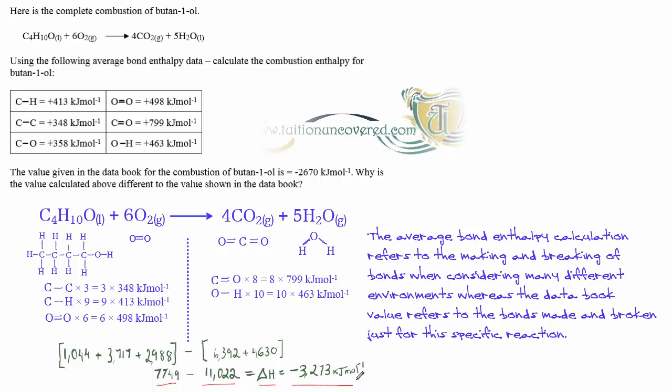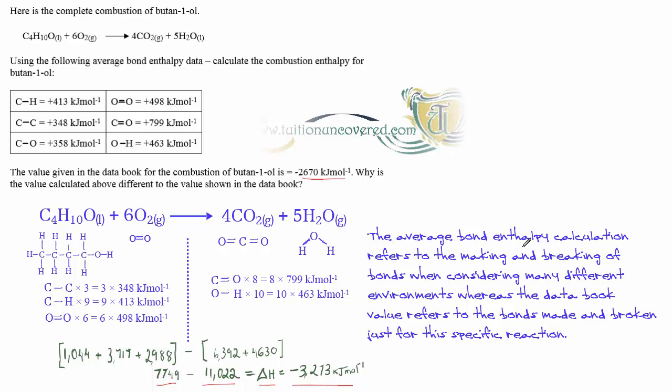minus 3273 kilojoules per mole. The question also wanted to know the value given in the data book for the combustion of butan-1-ol, which is minus 2670 kilojoules per mole, different to the value we've got, fairly significantly different. Why is the value we calculated above different to the value shown in the data book, which is here, a more accurate value?